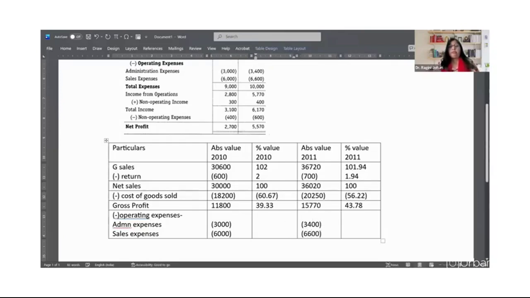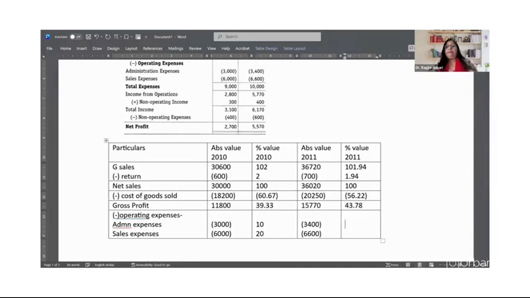Now let us find its percentage again with respect to net sales. If we find the percentage for 2010, this is 10% and 20%. So this is 10 and this is 20.